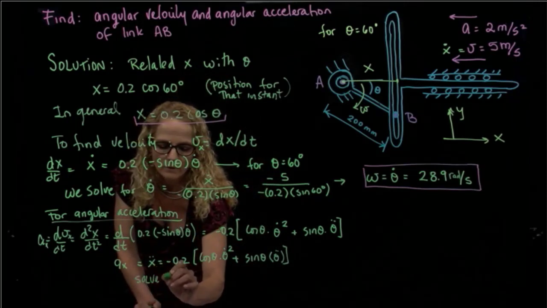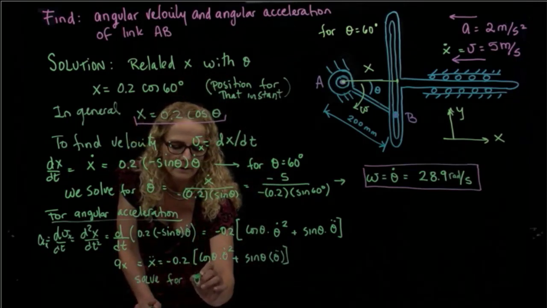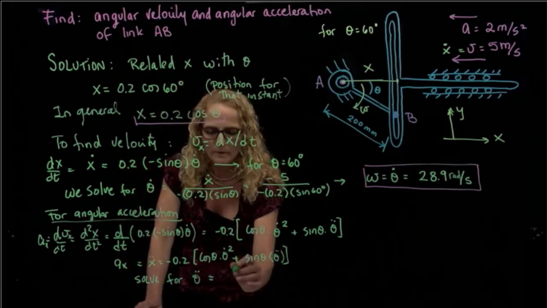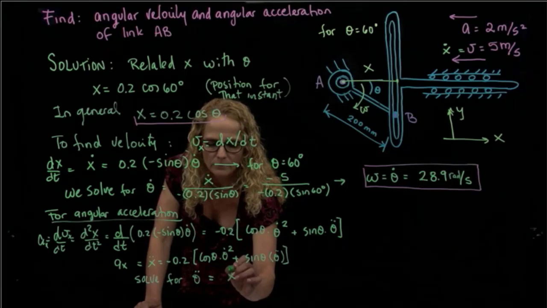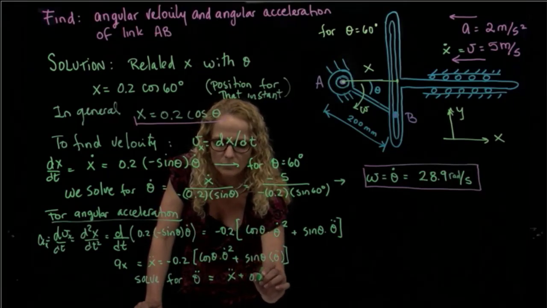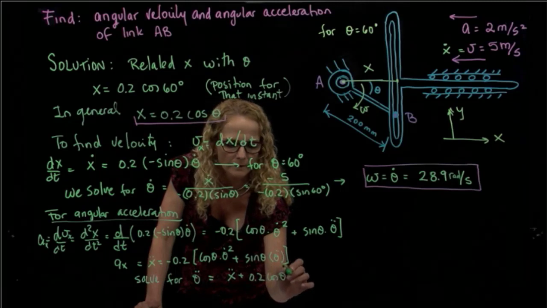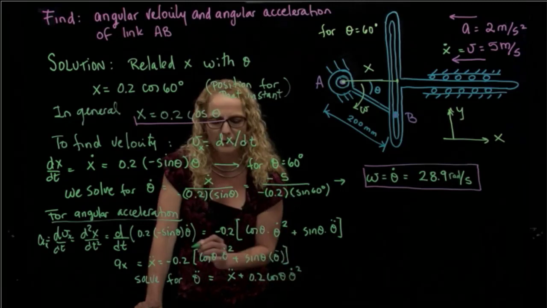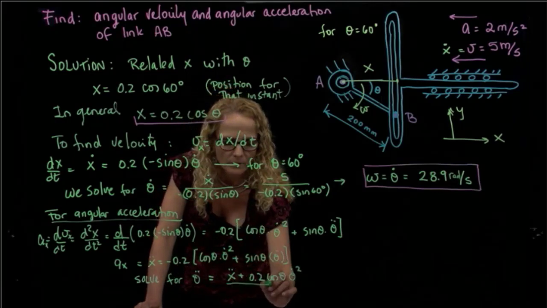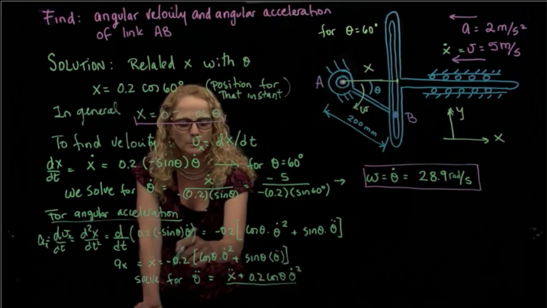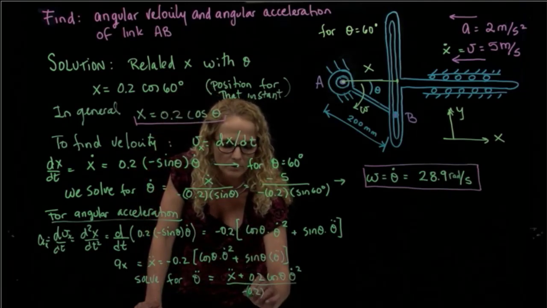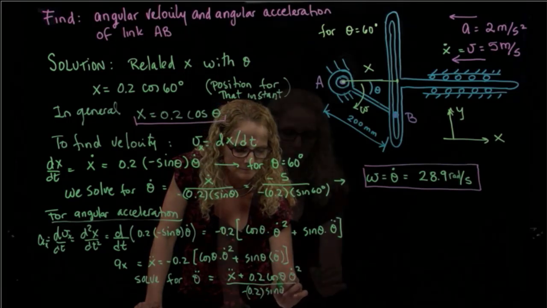Solving for theta double dot, I get x double dot plus 0.2 cosine of theta theta dot squared, over negative 0.2 sine of theta.